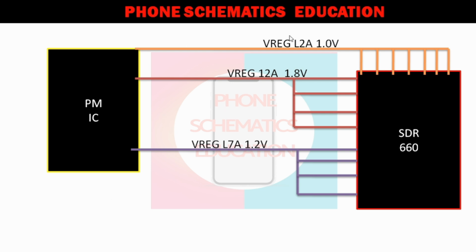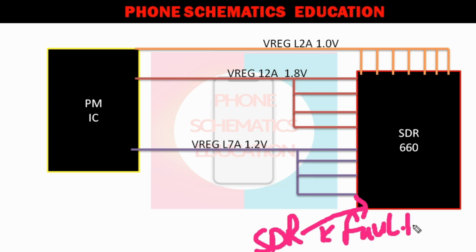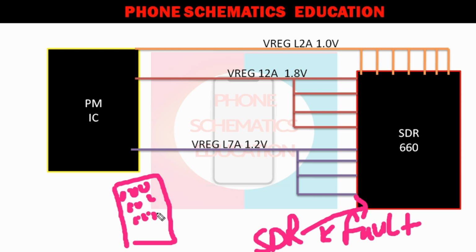Suppose you measure or test all these voltages and all are okay, on each and every line and each and every component. Now after that, in your mind, the SDR may have failed; this SDR IC is faulty. So at replacing time, when you remove this IC from the motherboard, you will check these tracks, or you will apply the method I will tell you.